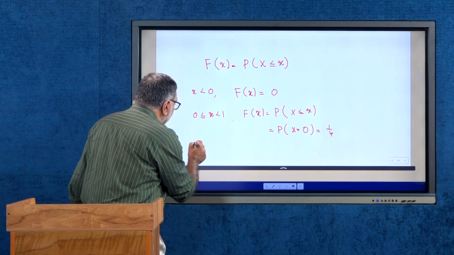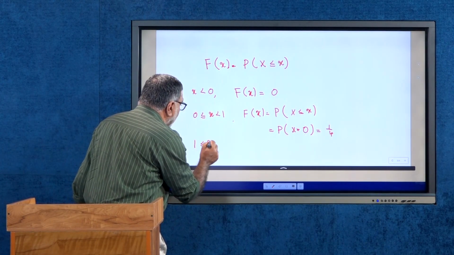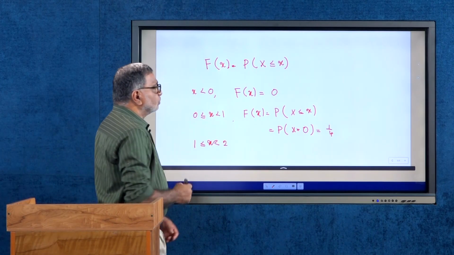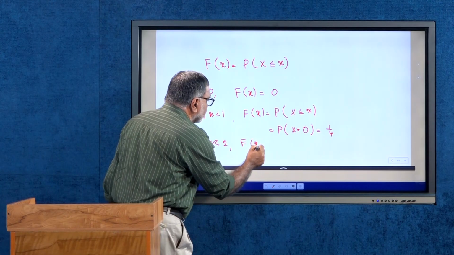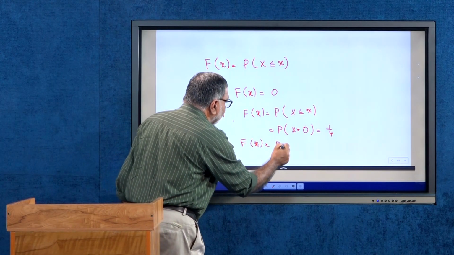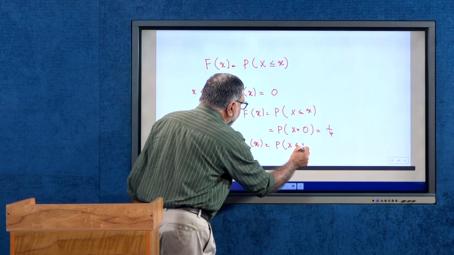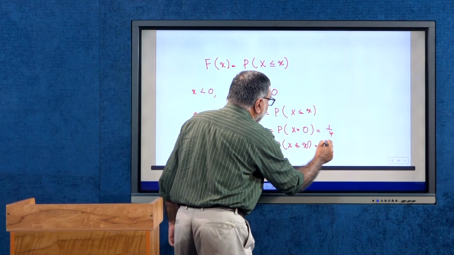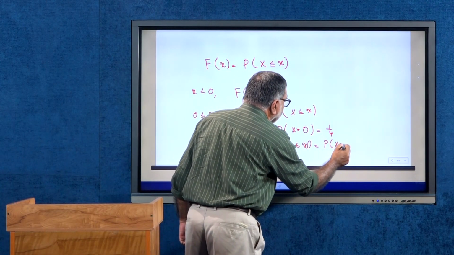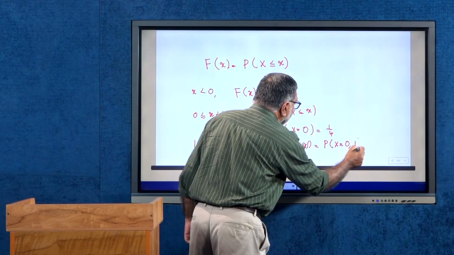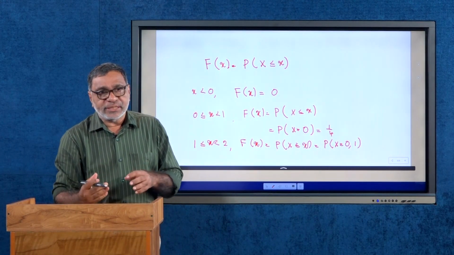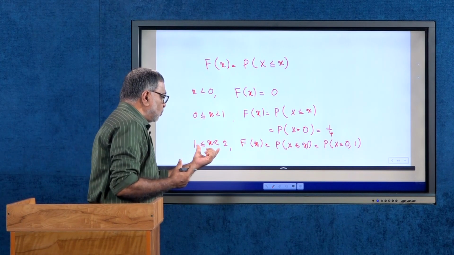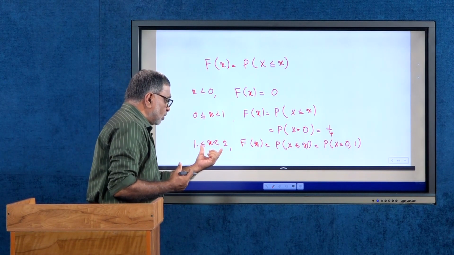And when x is in between 1 and 2, the value of f of x is the probability of X less than or equal to x. It may be either 0 or 1. So the possible case is 1 less than or equal to x less than 2.